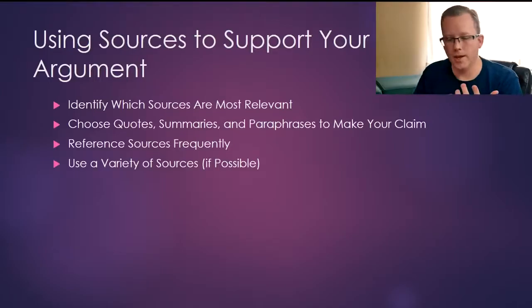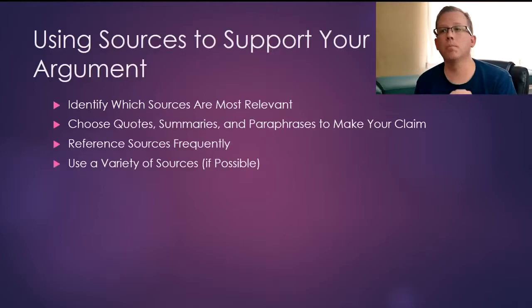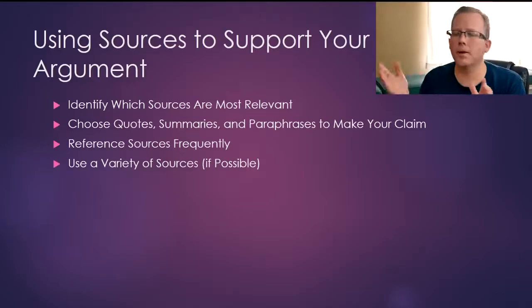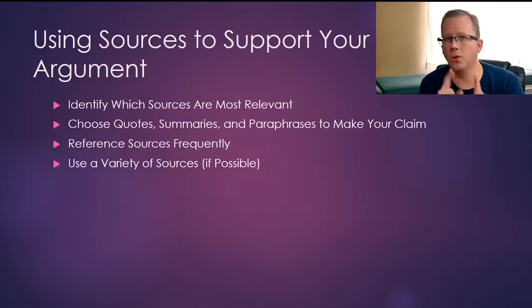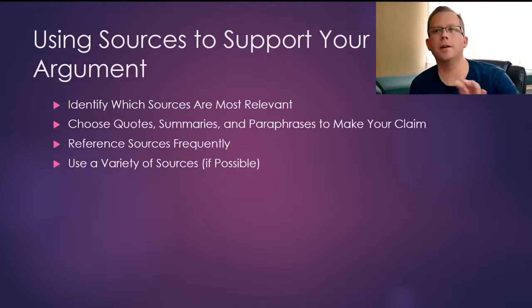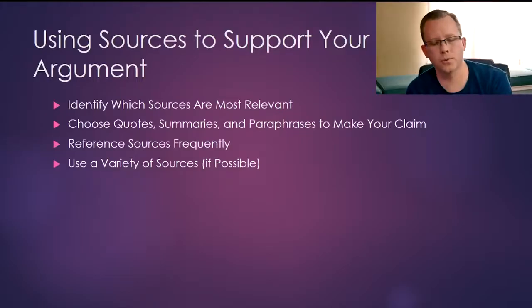Okay. So after you understand your sources, you need to know how to use them to support you. So again, you need to be able to identify which sources are most relevant, right? You might have sources that talk about all the same things and make the same points, and that's great. Which source is most relevant to the point that you're trying to make? Now, figuring out relevance means really understanding your source again.